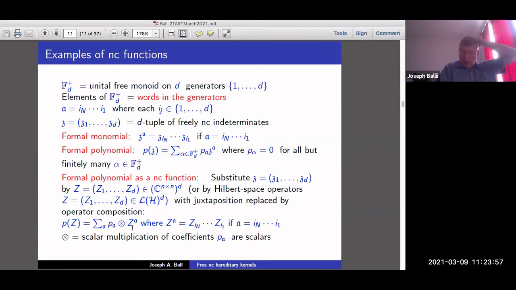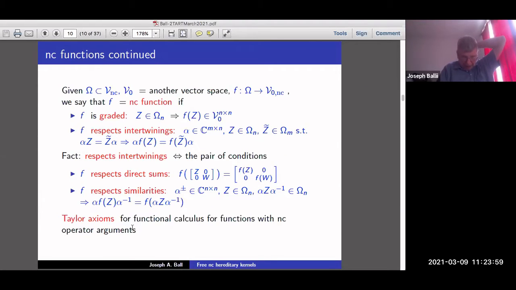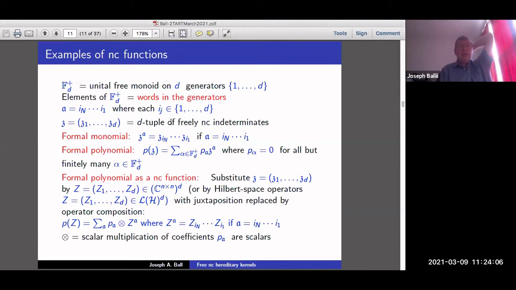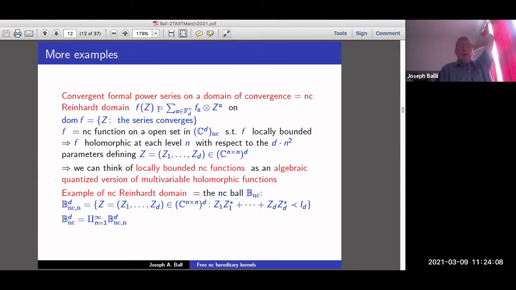And then the point is, it satisfies all these axioms. That's basically the example where you get all these axioms satisfied. Then if we want more examples, what's most convenient for this talk is just to talk about convergent power series. So we have some kind of noncommutative Reinhardt domain.